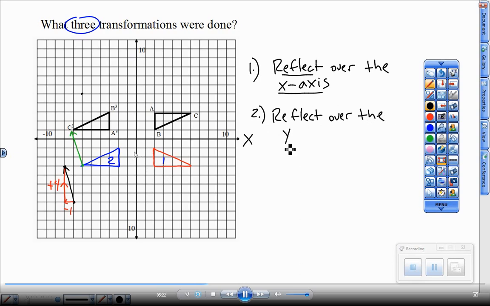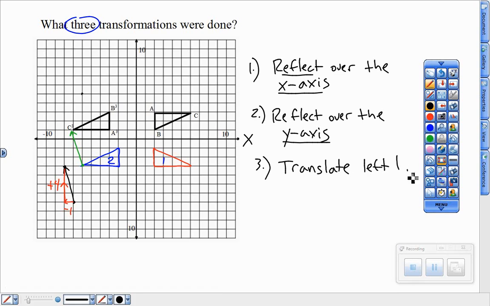Equal distance on either side of that y-axis major line. And then number 3, I did a translate. And I did left 1, up 4. I could write that as x minus 1, describing that left to right motion, minus because I'm going left, plus 4 because I'm going up.